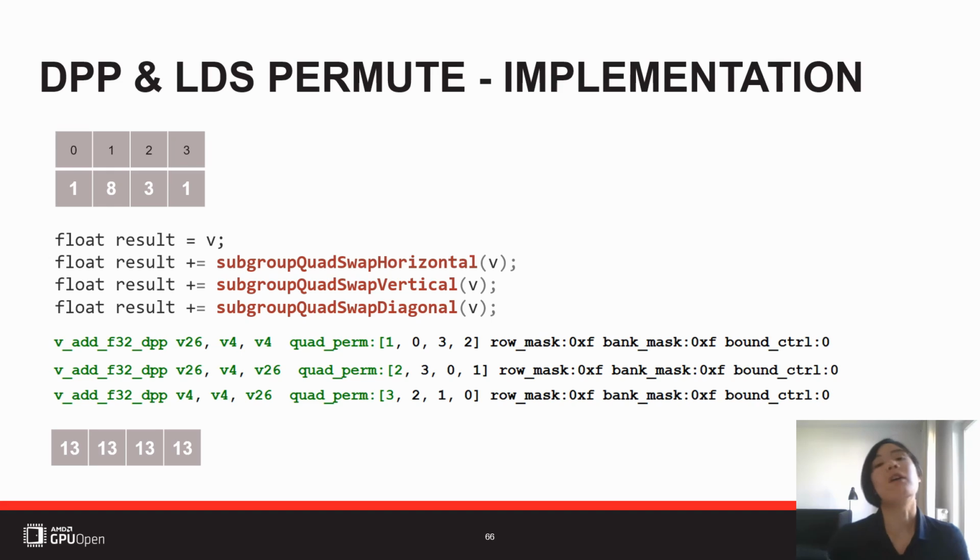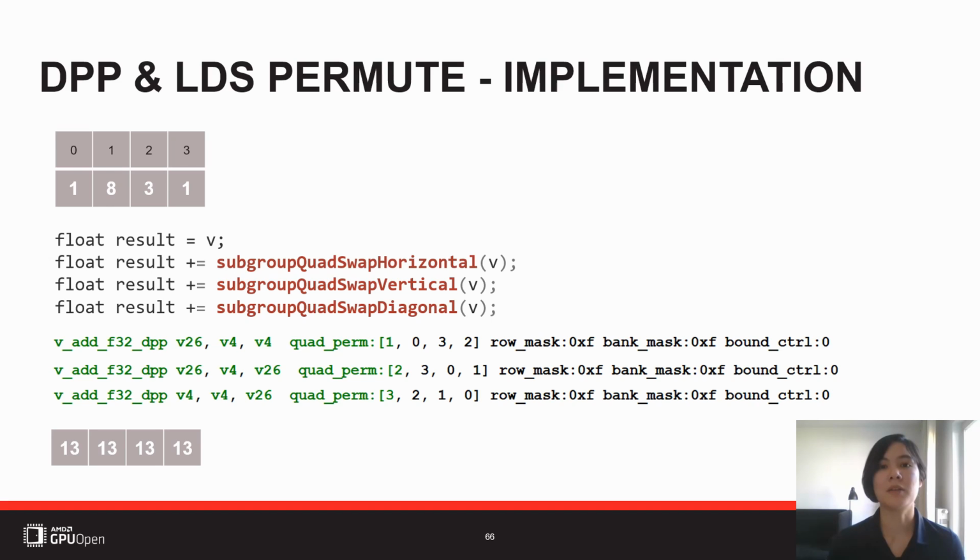If you now look at a code example, this is also using GLSL. What we want is to sum the individual values within the quad together, so that at the end each thread has the sum. We first add the 2 horizontal ones together, then the vertical ones and the diagonal ones.